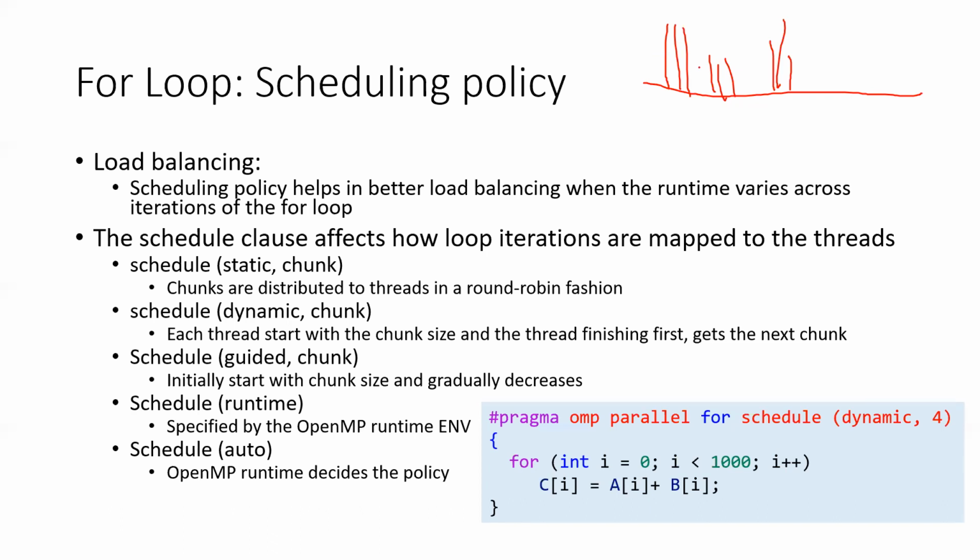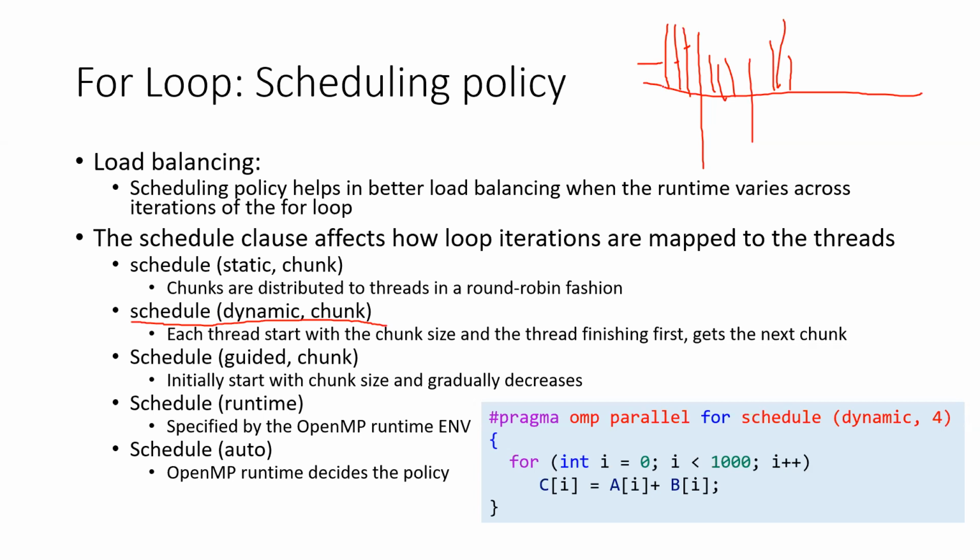If you do equal chunking, this is thread 0, thread 1. Suppose it takes 5 seconds for this and 4 for this. You are bounded by 5 because all the heavy lifting is done by a single thread. Instead, if thread 0 was here, thread 1 here, thread 2 here, they would have distributed that work and finished faster. So to do that, we have another construct called schedule dynamic, where you specify how many consecutive iterations one thread should execute.